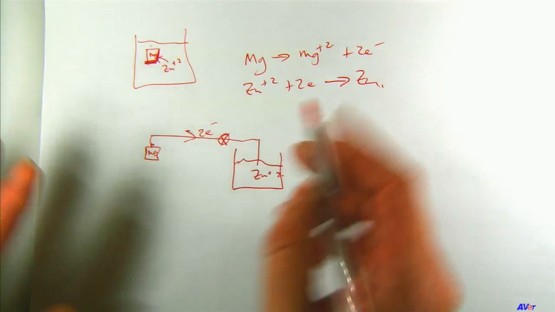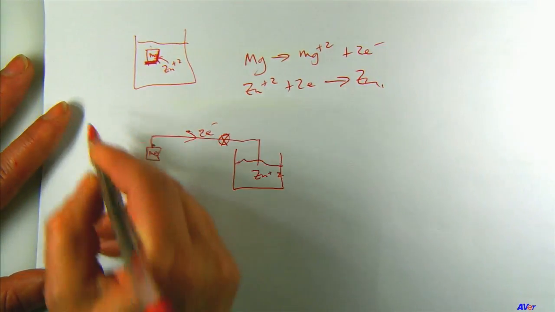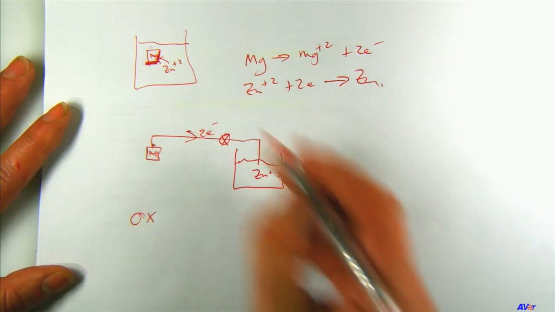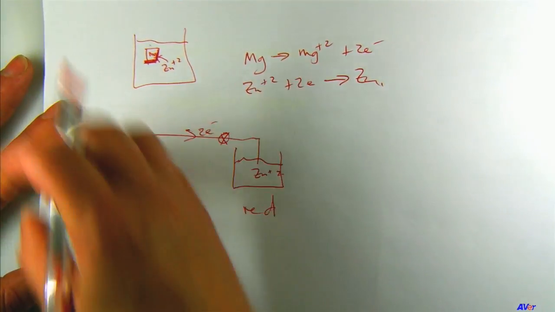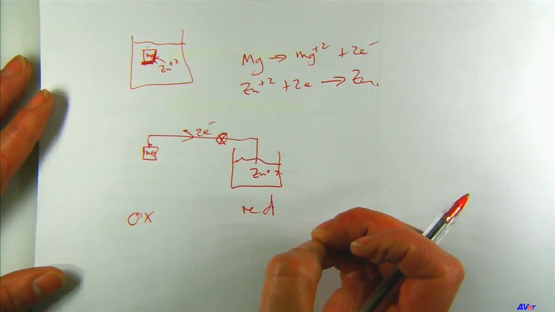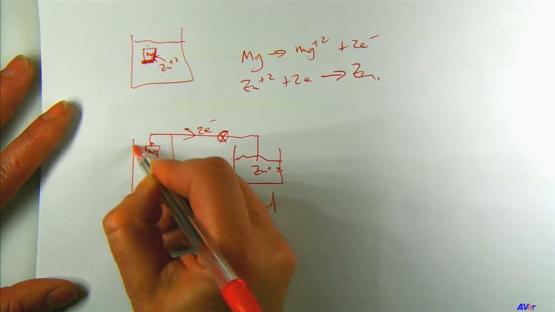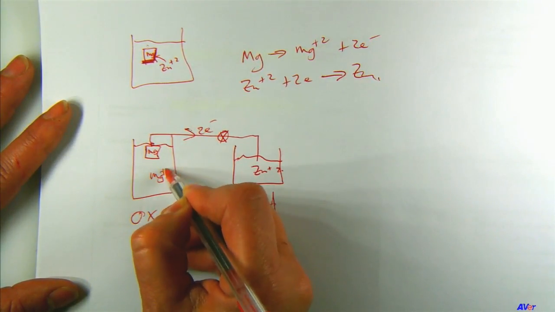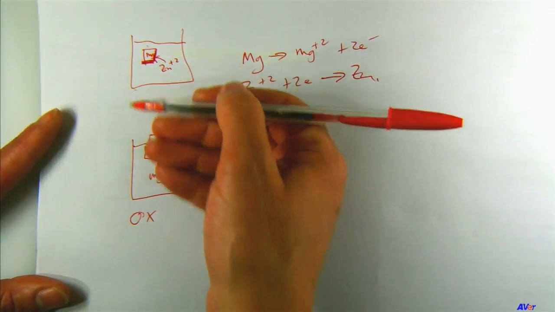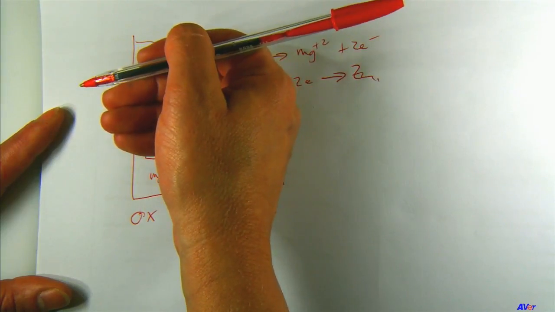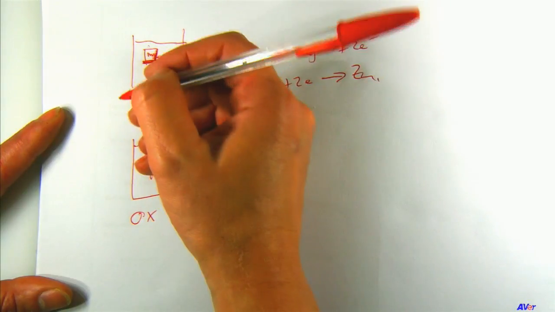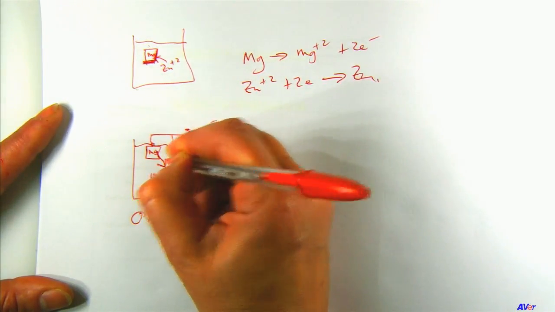So what do we need to do? We need to put the oxidation, the giving off, on one side, and the reduction, the gaining of electrons, on another side. So what we actually do is we take the magnesium and we put it into a magnesium solution. Is this the solution or the magnesium that's actually reacting? It's the magnesium that reacts, right?